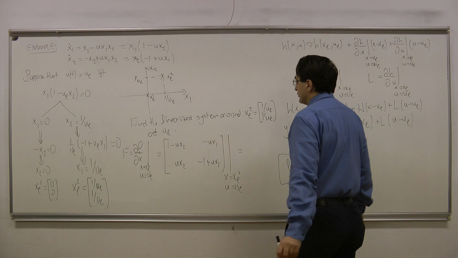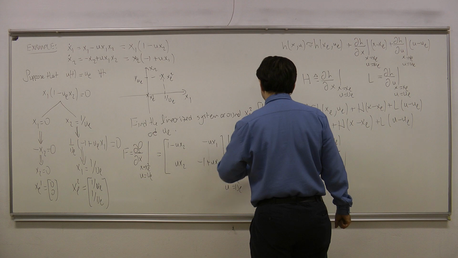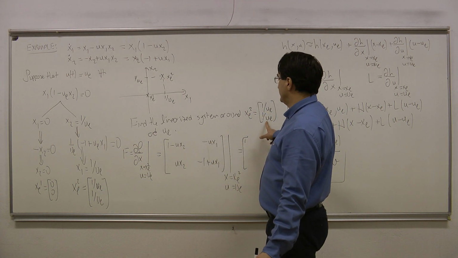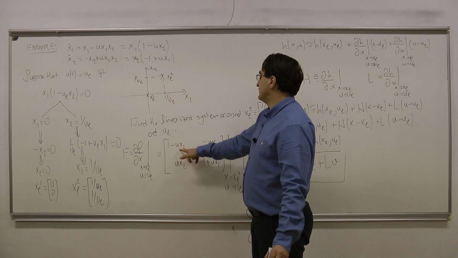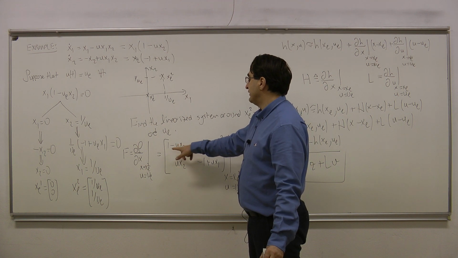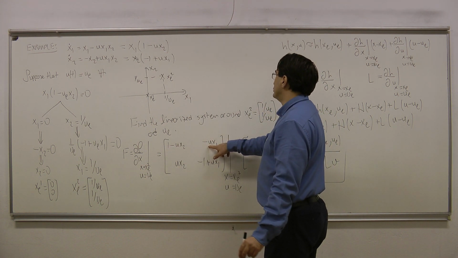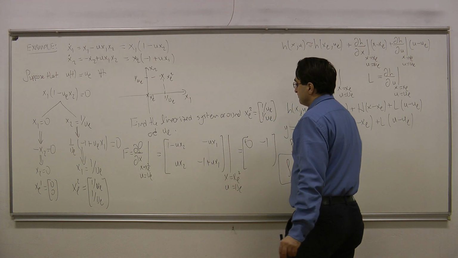So now let us try to substitute these numbers here. You see that x2 is 1 over ue, and u is ue. So when I multiply these two, it's going to give me 1 minus 1, that is 0. Minus ue times 1 over ue is going to be minus 1.